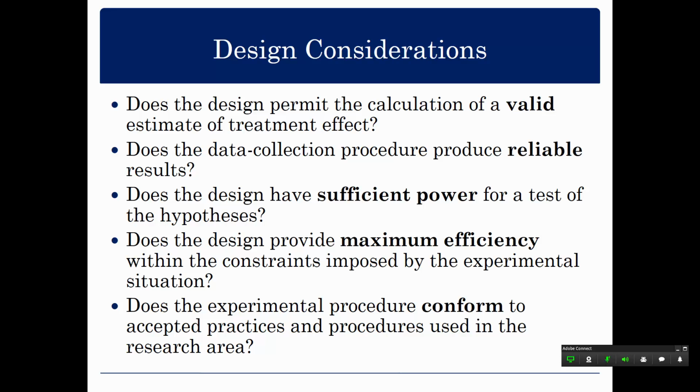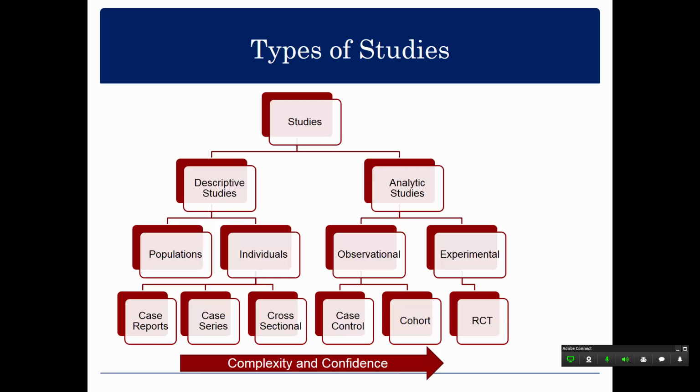They were adequately powered, but they didn't use so many that they found meaningless effects. So it's like an overpowered study. You want to meet that sweet spot. And then, of course, does what they're doing conform to the accepted practices and procedures used in your research area?